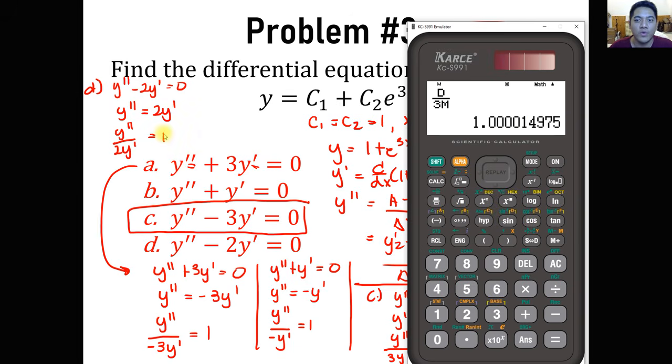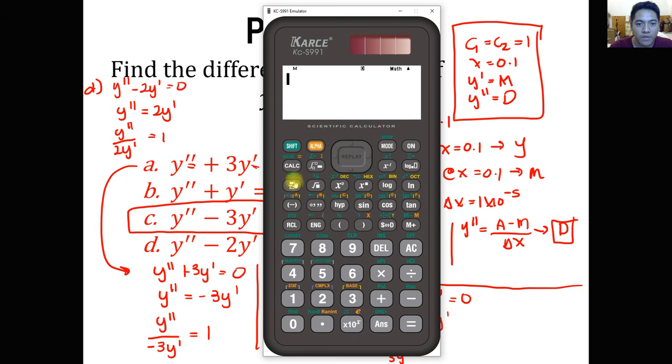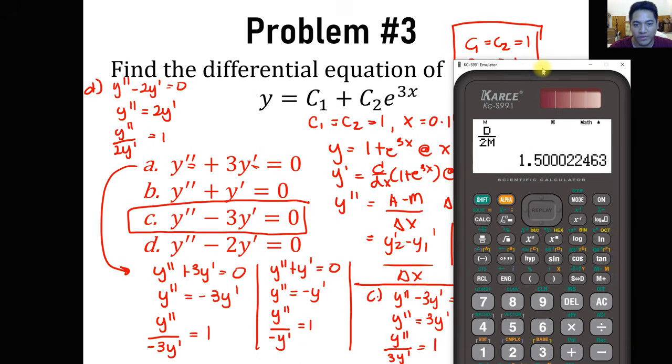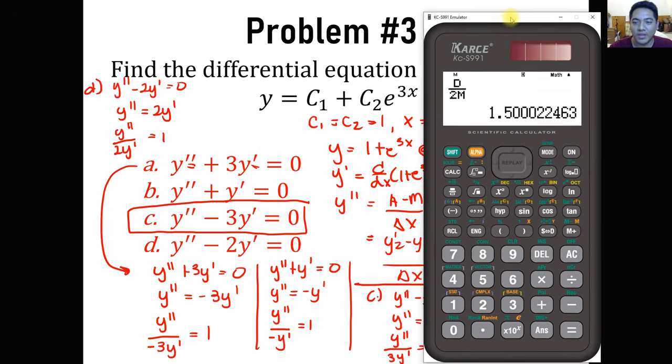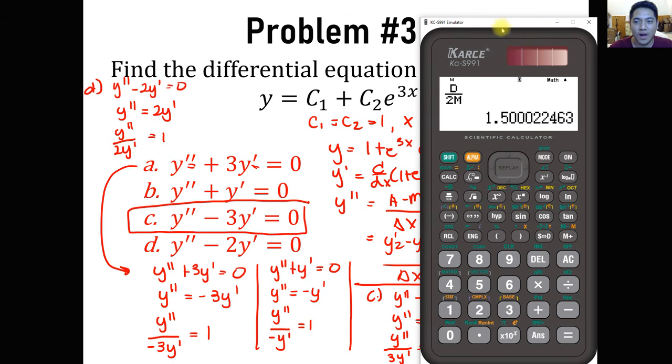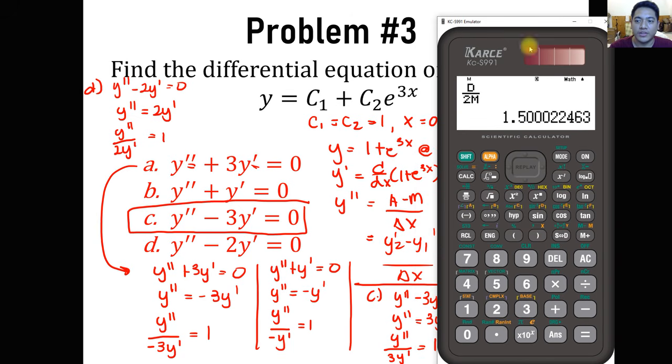So we have y double prime, I'm sorry, that's D, all over 2 times m, and the result is 1.5. So clearly the result here should be letter C.